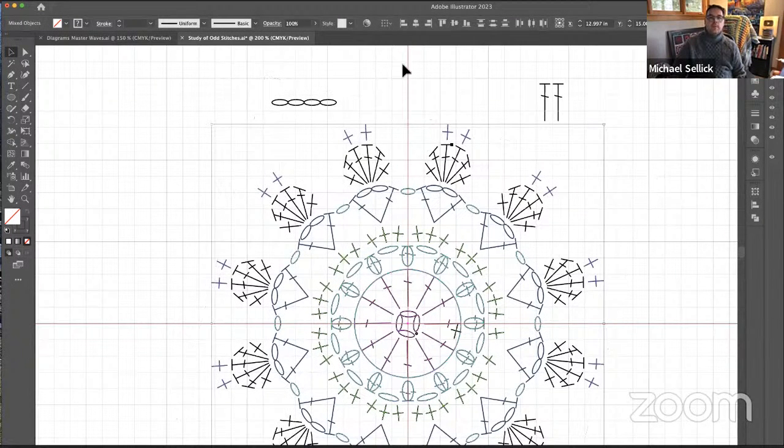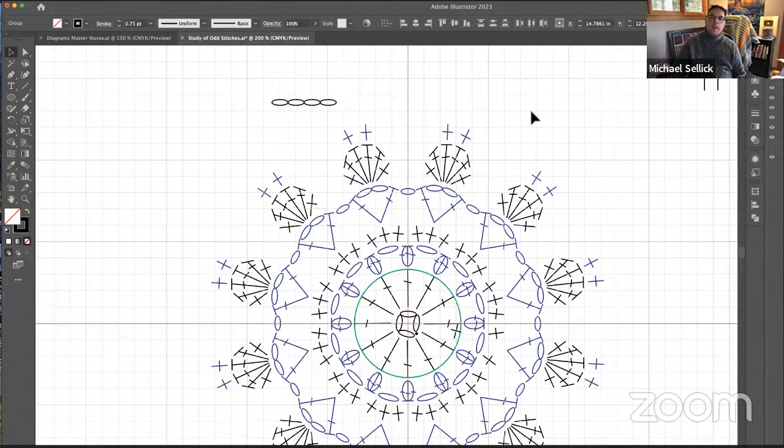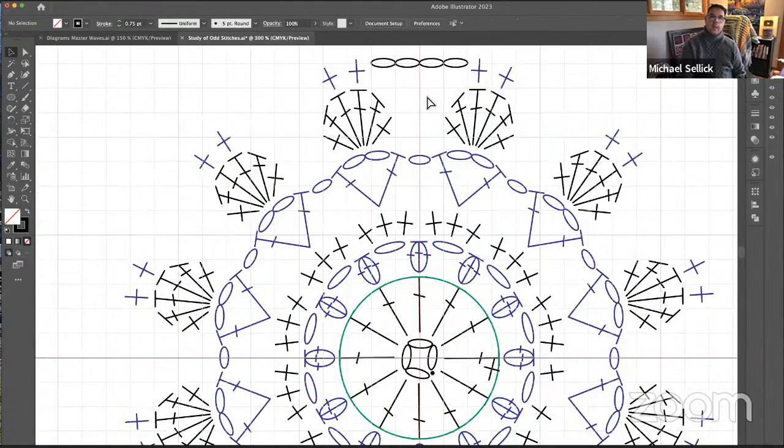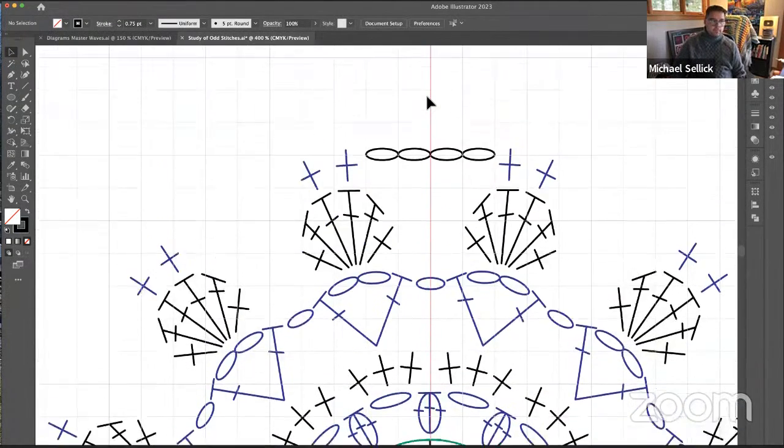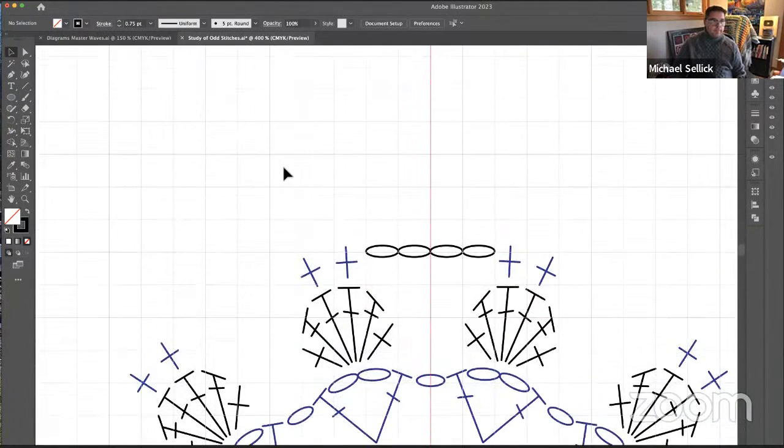It's just a rough guess. And I'm going to move these guys back in and see where they go. I want this to have a little bit of shape to it.